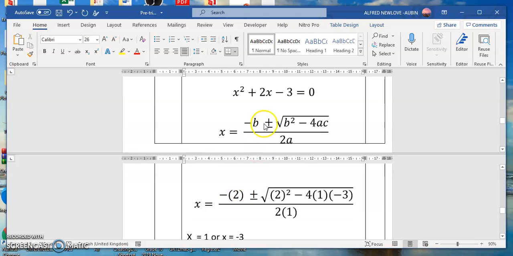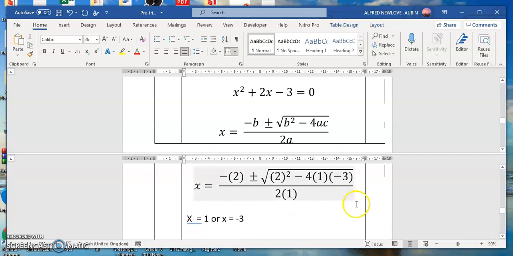And what is our b? Our b is this 2. Plus or minus, our b is this 2 squared minus 4. Your a is what? There is an invisible 1 here. Then your c is what? Minus 3, over 2. Your a is what? 1. And when you simplify using your calculator, let's use our calculator.